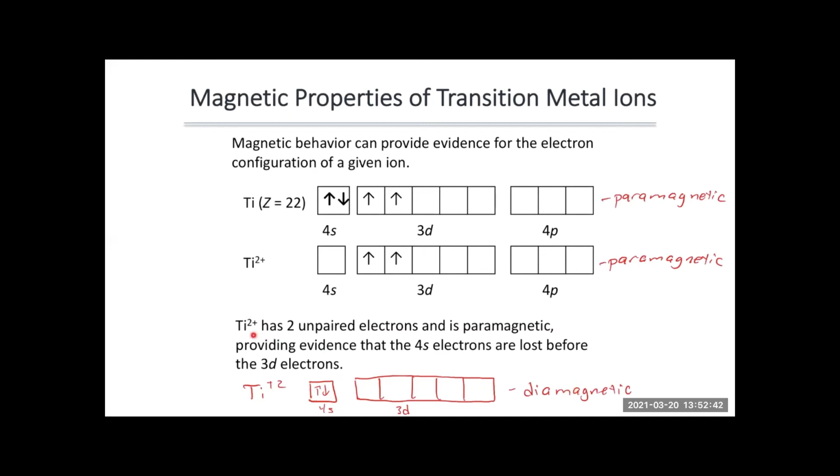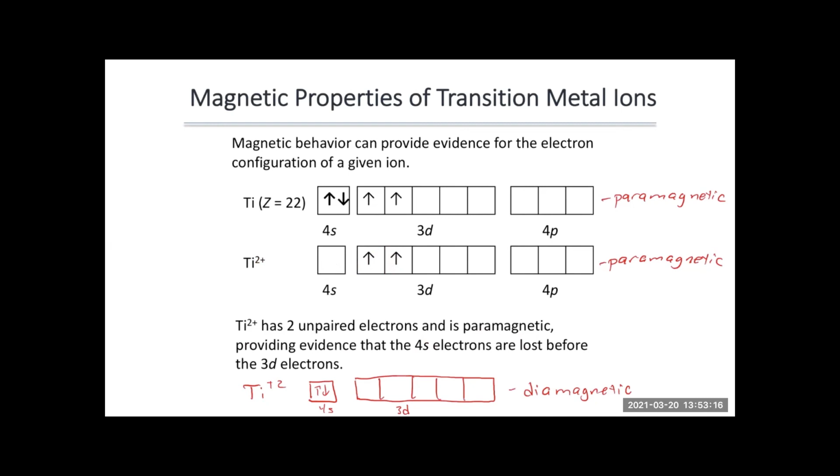And through experimentation, we found the titanium plus 2, so the titanium that's a charge, the titanium that's an ion, is actually paramagnetic, which means this is proof and evidence that it actually loses the electrons from the 4s instead of the 3d. So titanium plus 2 has an empty 4s shell, but it still has 2 electrons in its 3d. So this is one way we can use magnetic properties to figure out electron configuration.